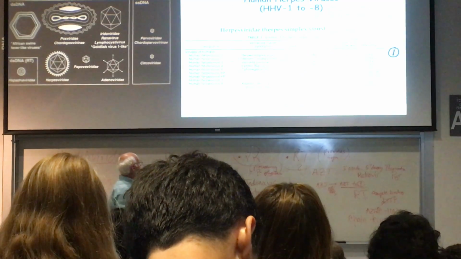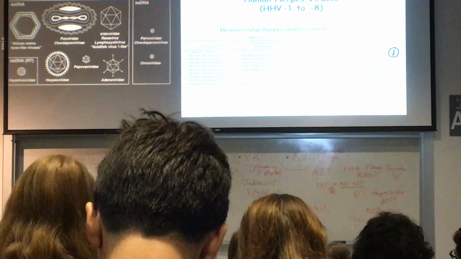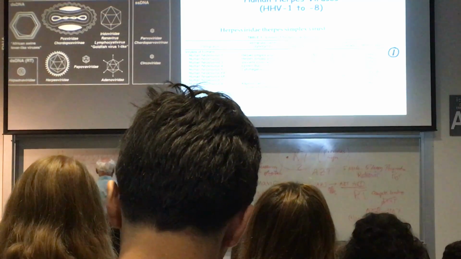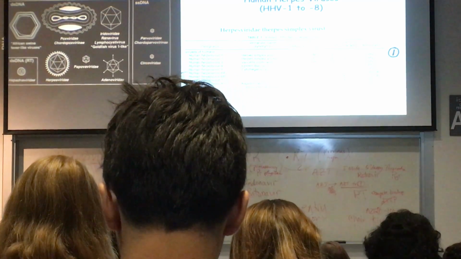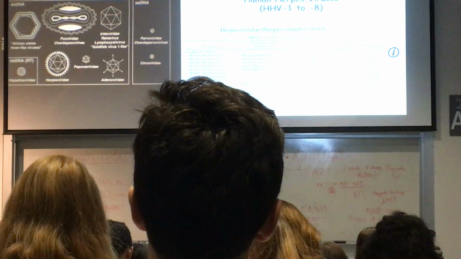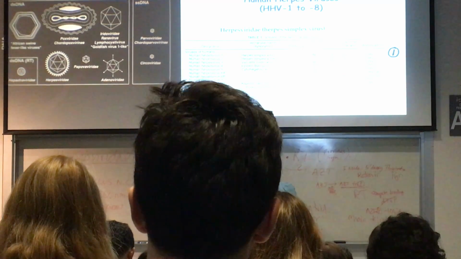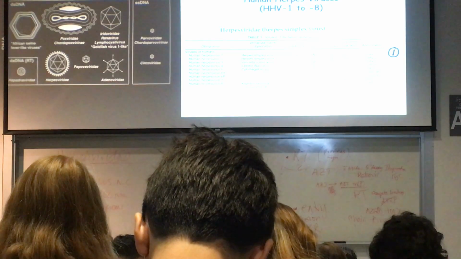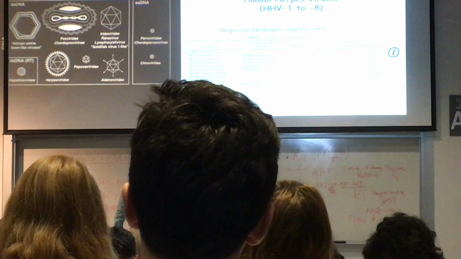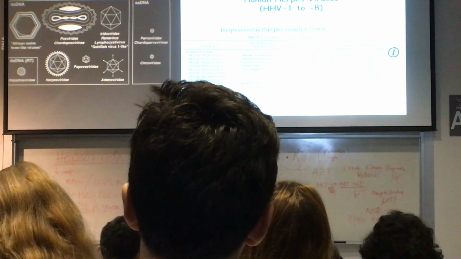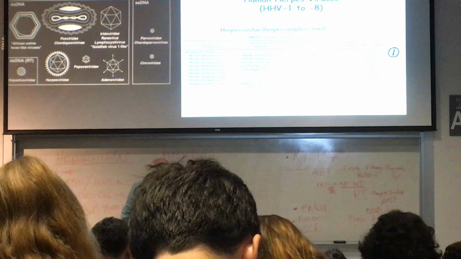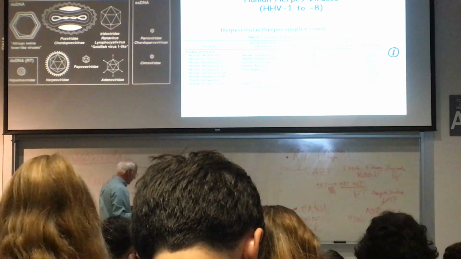And so we're interested in human herpesviruses for our discussion. On today's handout, figure 1, human herpesviruses have been classified into 8 groups, and the current nomenclature is HHV1 through 8. This simply means human herpesvirus, whatever the number is.